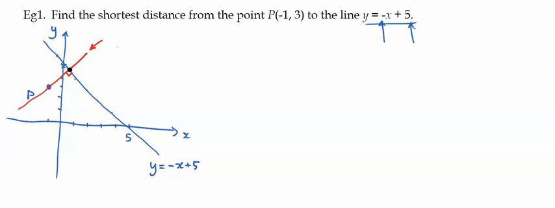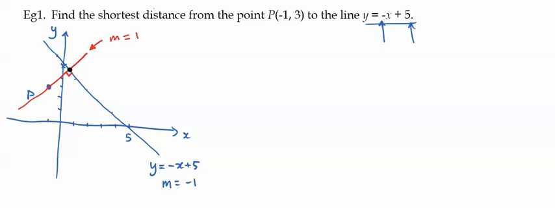If these two lines are perpendicular, if the slope for this blue line is -1, the slope of this red line will give us the negative reciprocal, or in other words, I will have +1 for the slope.